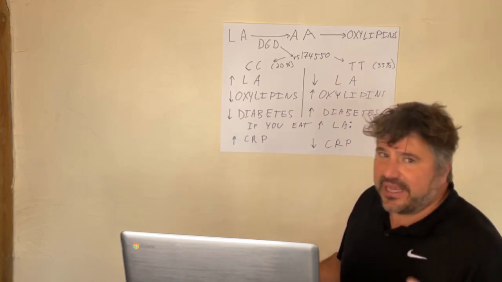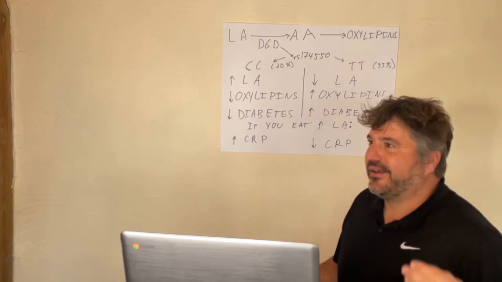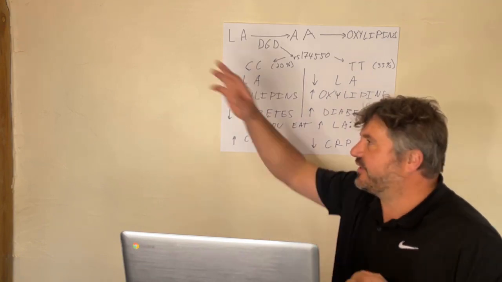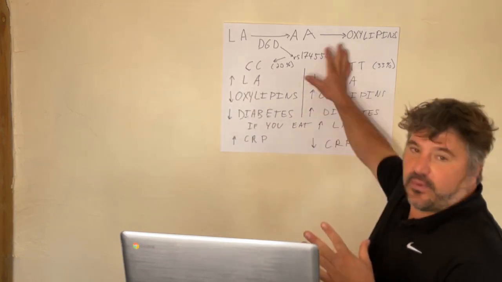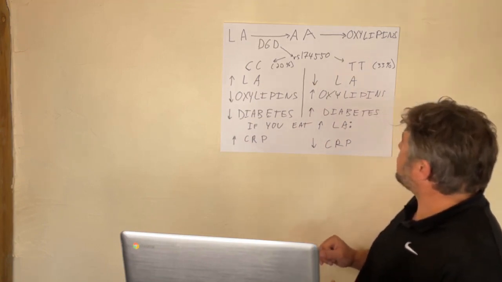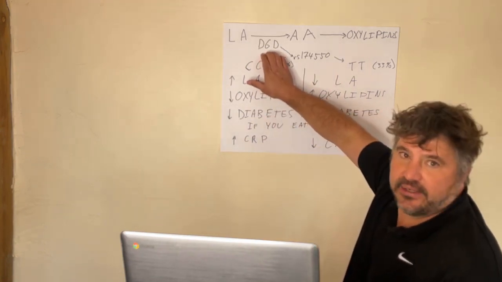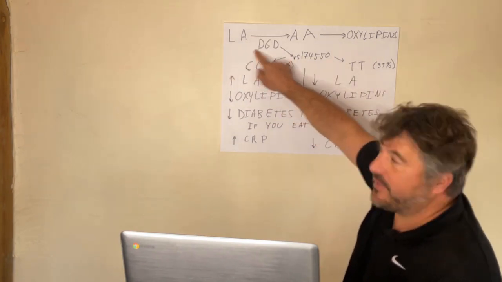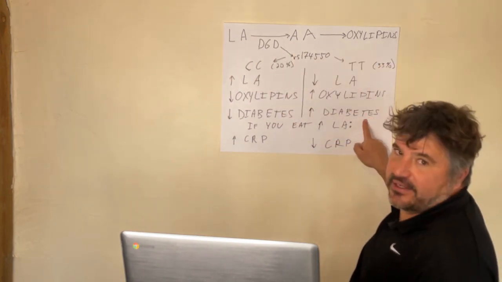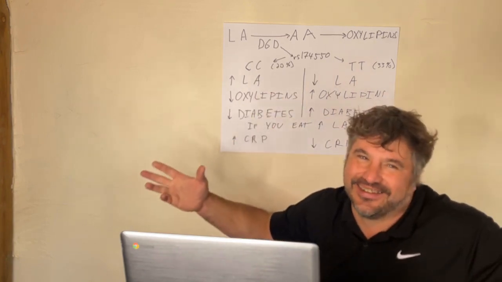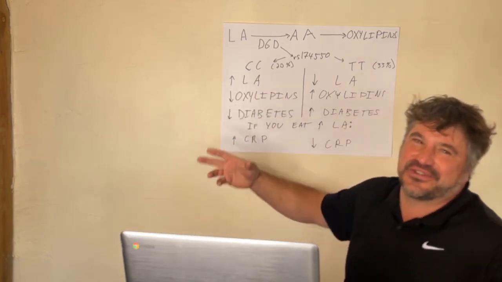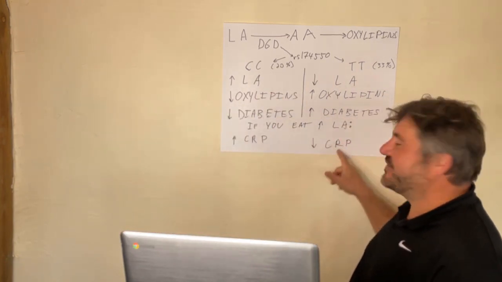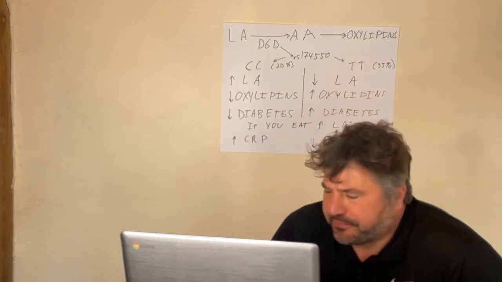These studies have been done in men, women, children. They've been done in Japan, America, worldwide, right? And so having a high activity of this gene is very bad. It means you're going to make a lot of oxylipins. You're going to be likely to get diabetes. But if you eat a bunch of soybean oil, your CRP levels will go down.